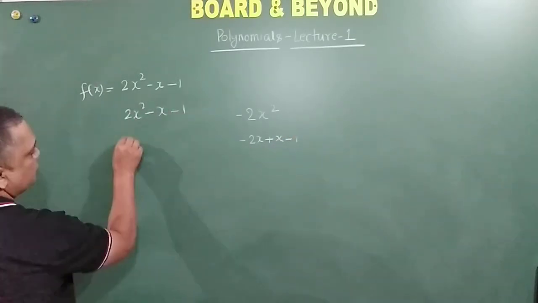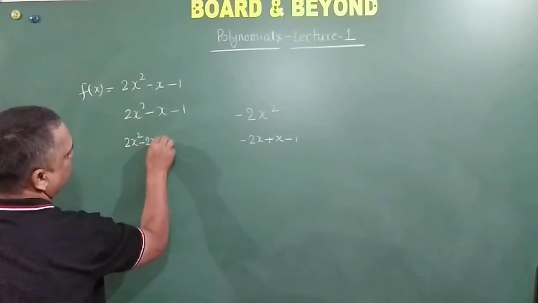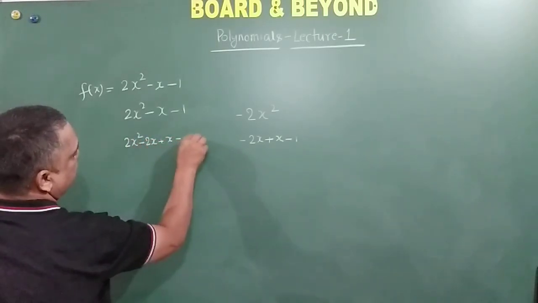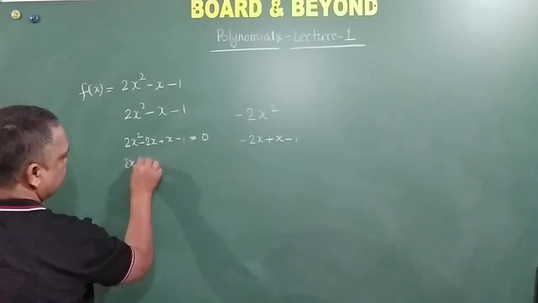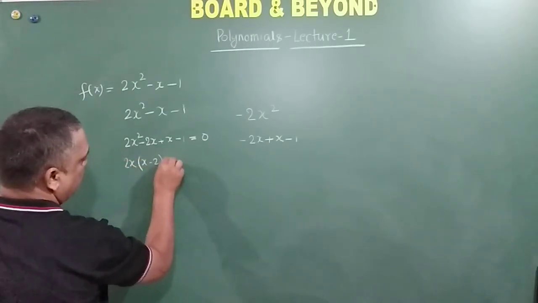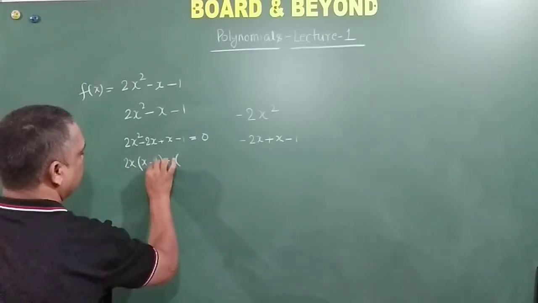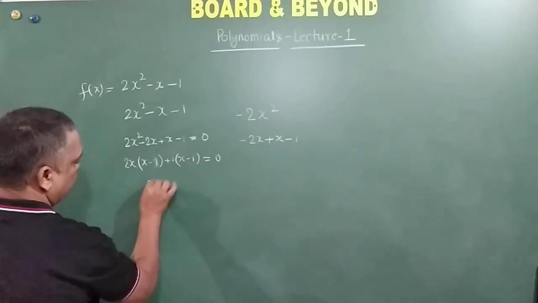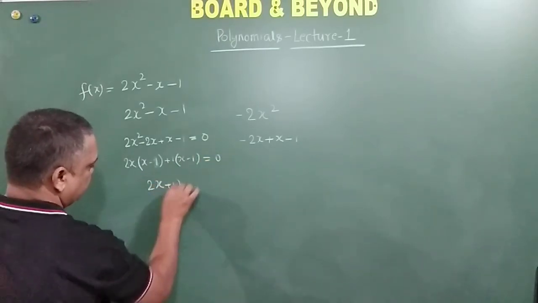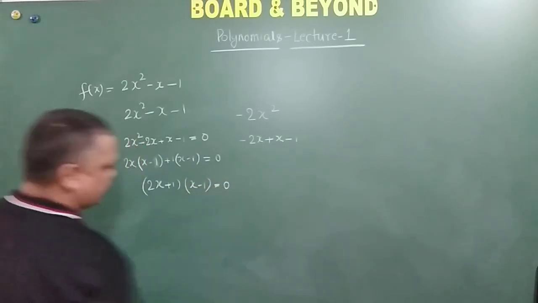So this becomes 2x square minus 2x plus x minus 1 is equal to 0. Taking 2x as common, this leaves me with x minus 1 and x minus 1 is equal to 0. So 2x plus 1 is one factor, and x minus 1 is another factor.